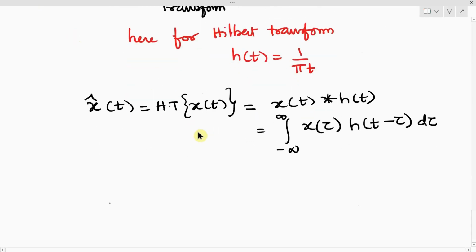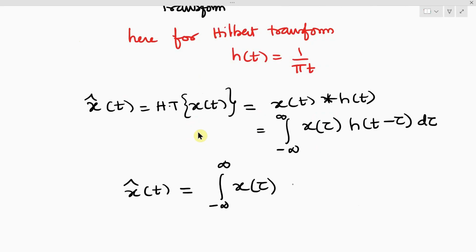Tell me now, what is x cap finally? Integral over infinite limits x of tau h of, in place of h of t, wherever you have t, you have to replace it with t minus tau. Tell me, what should I write? Am I right in what I wrote?